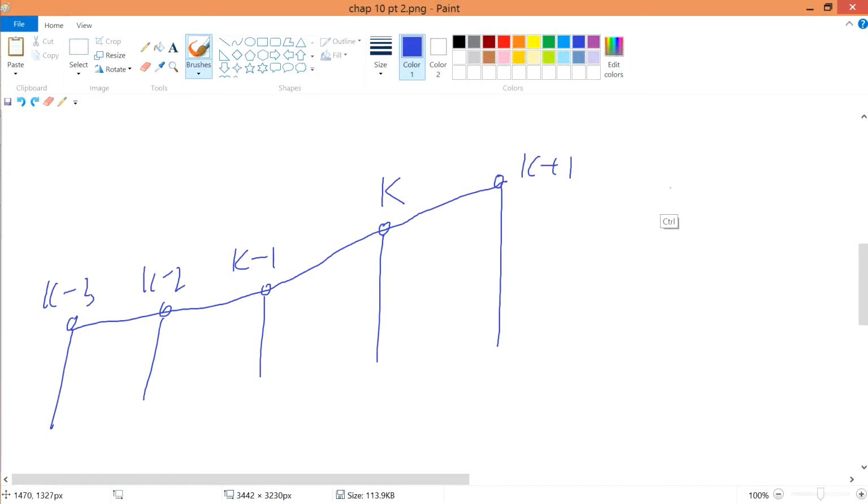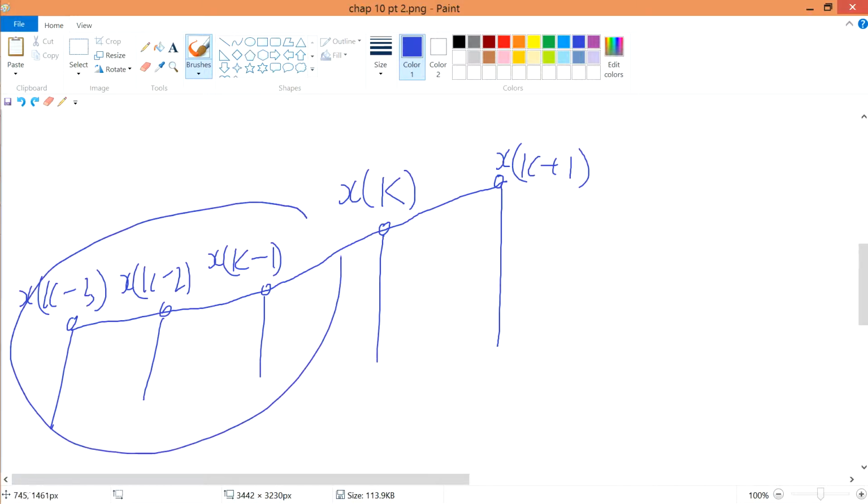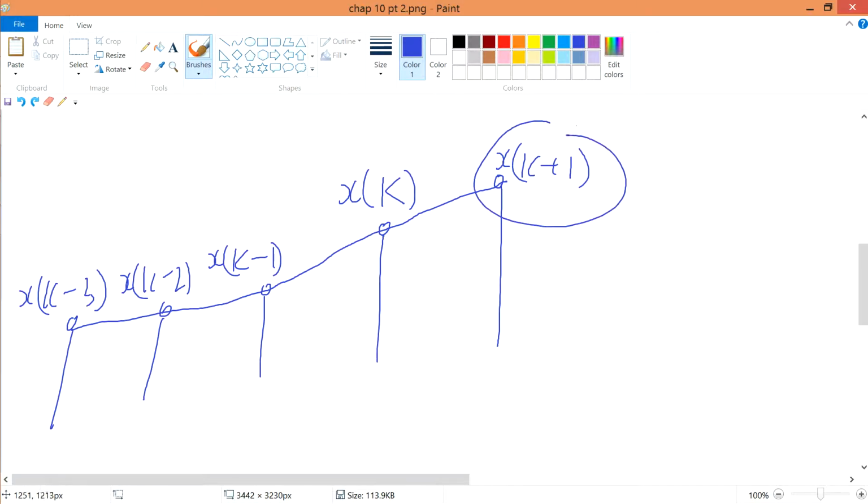This k plus 1 you can rewrite as, yeah, that will be better. So your x[k], plus its own previous information, will give you your next information x[k+1]. So this x[k+1] you can rewrite as x dot. It's the next information.